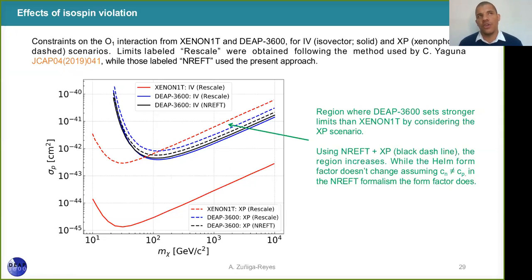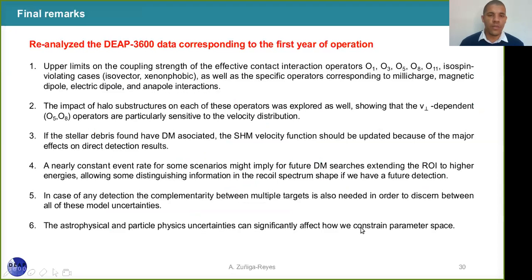Well, the Xenon 1 ton used the Helm form factor, but this form factor doesn't change assuming isospin violation. However, in the NREFT formalism, the form factor changes by assuming that the coupling to protons is different to the coupling to neutrons.